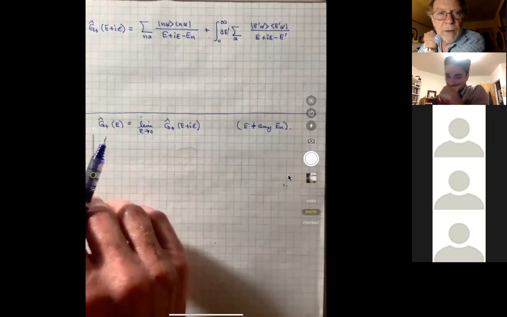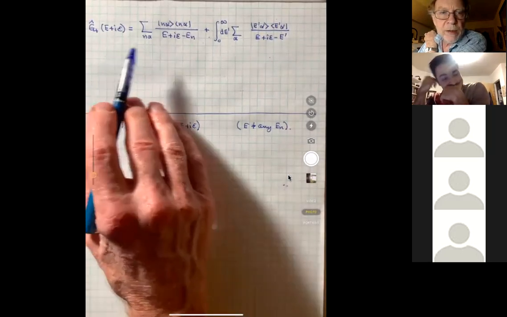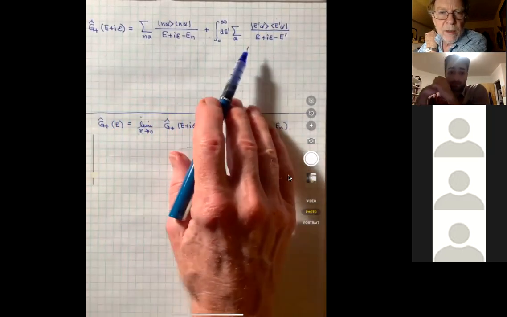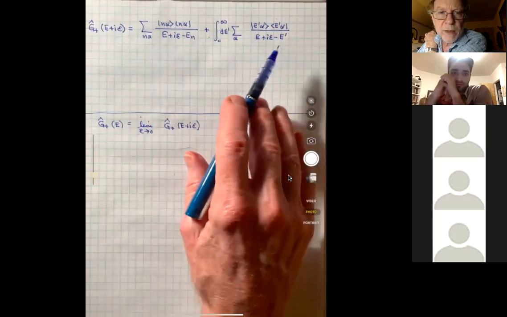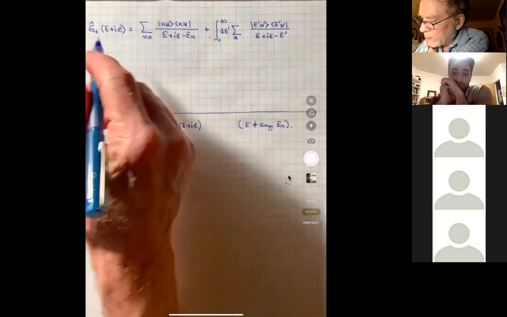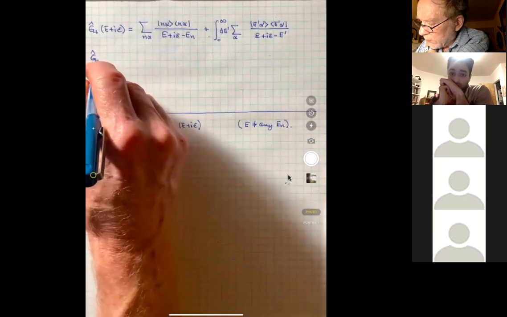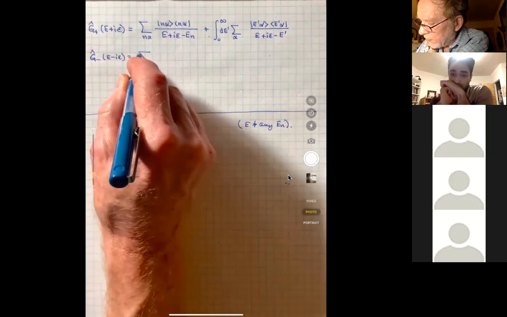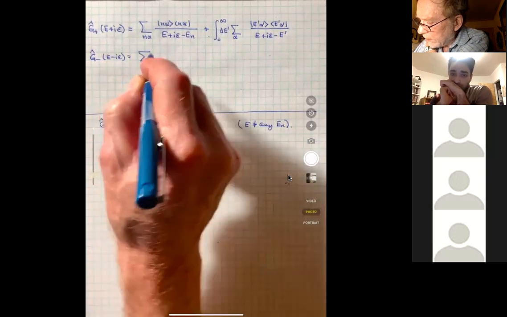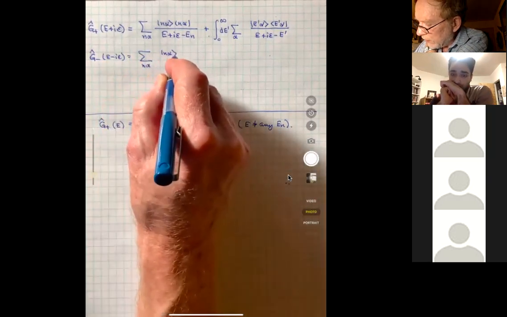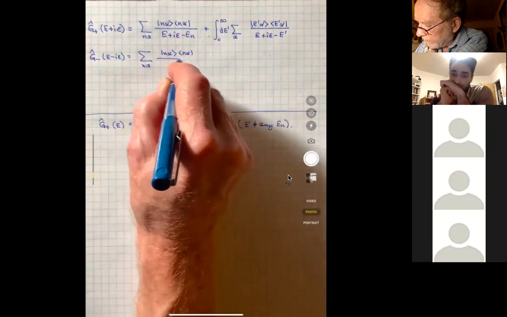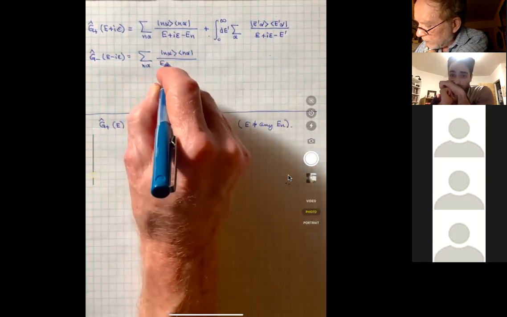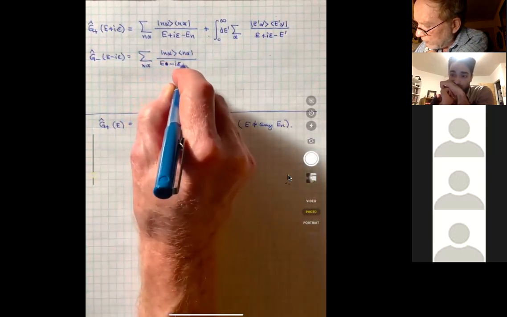So here I've written the formulas for g plus of e in terms of energy eigenstates, both for the discrete and the continuous spectrum. If I do the similar formula for g minus, the answer looks the same, except I've just got a minus sign on the right-hand side, like this, |n alpha> over e minus i epsilon minus en.